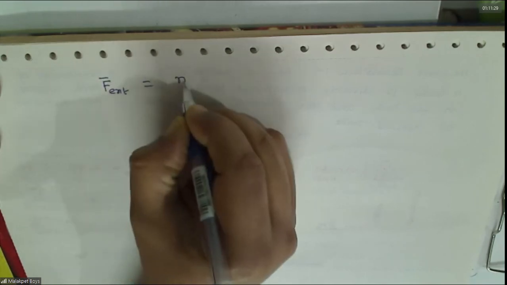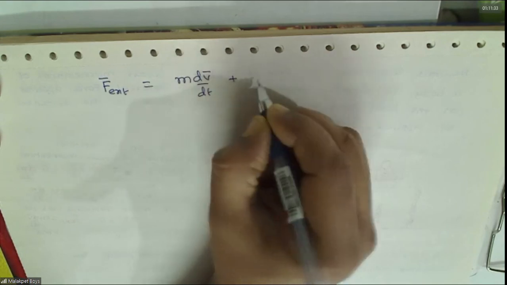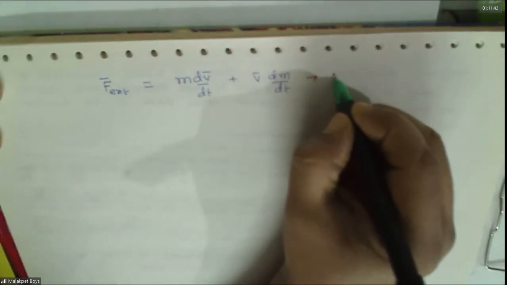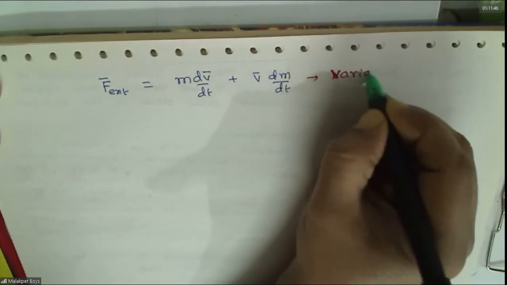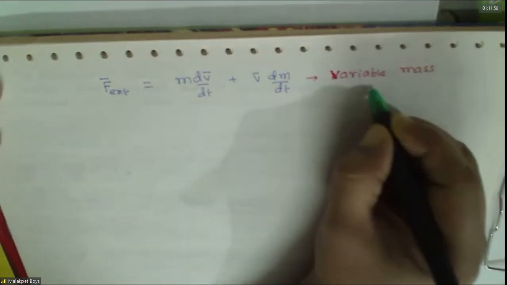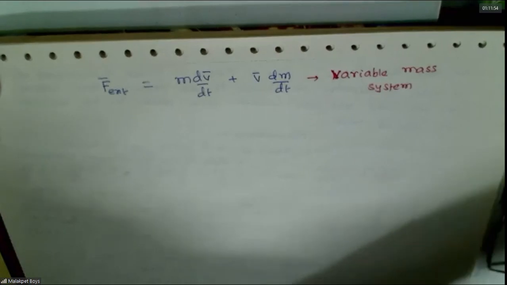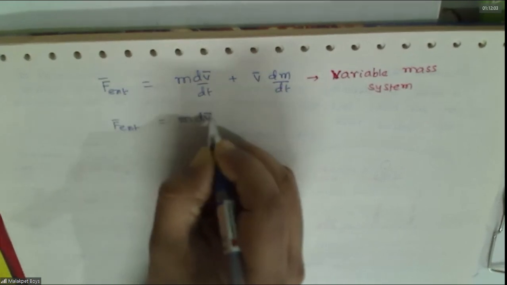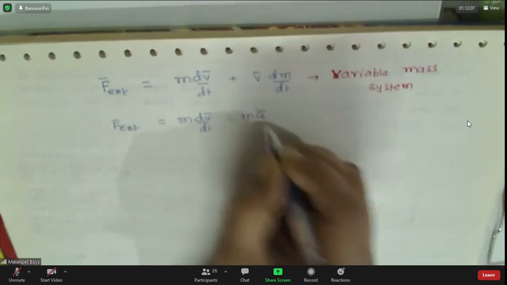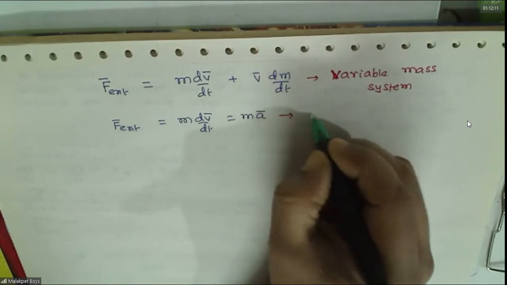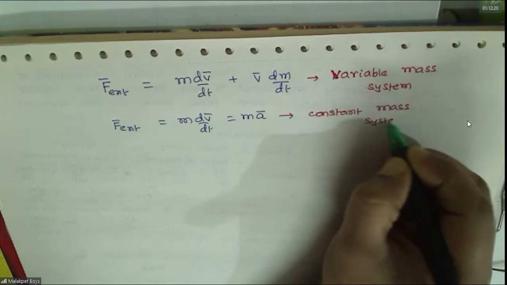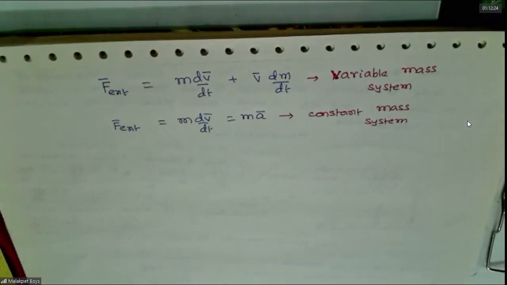F external is this, which is for variable mass. Understood this?